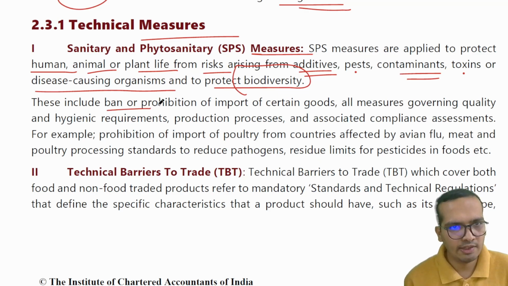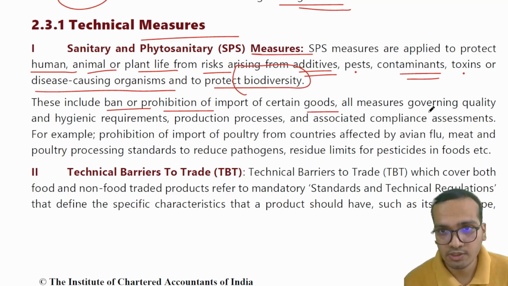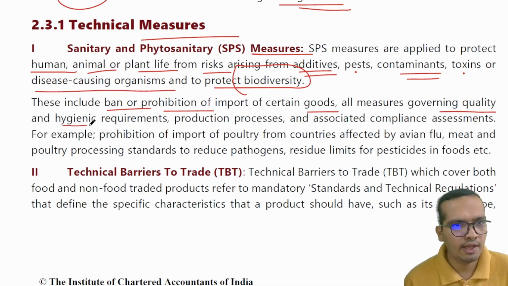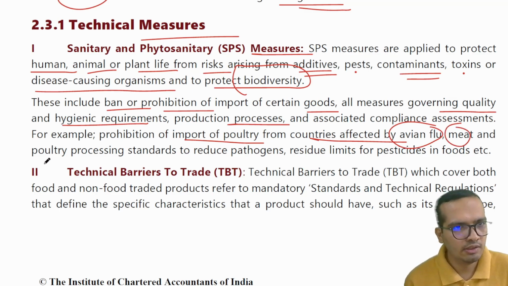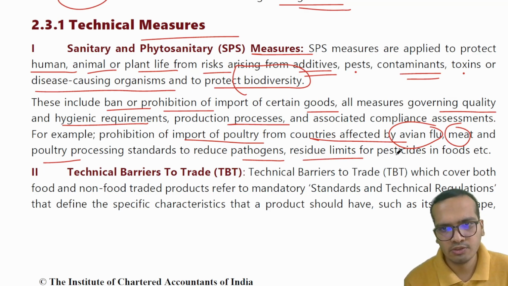This includes bans or prohibition of imports of certain goods, all measures governing quality and hygiene requirements, production processes, and associated compliance assessment. For example, prohibition of import of poultry from countries affected by avian flu, meat and poultry processing standards to reduce pathogens, residue limits for pesticides in food, etc.